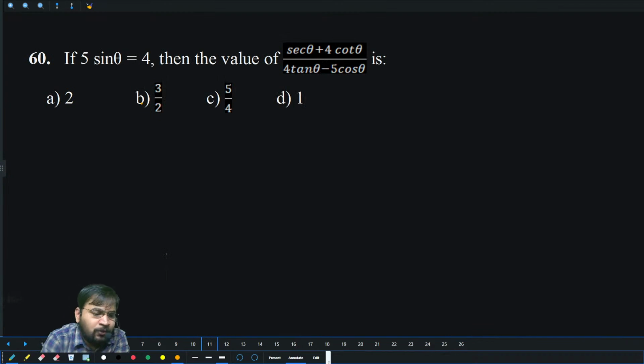Sin theta is 4/5, so the remaining side is 3.